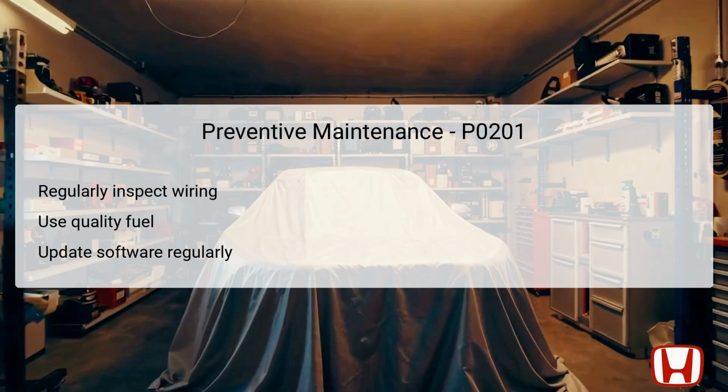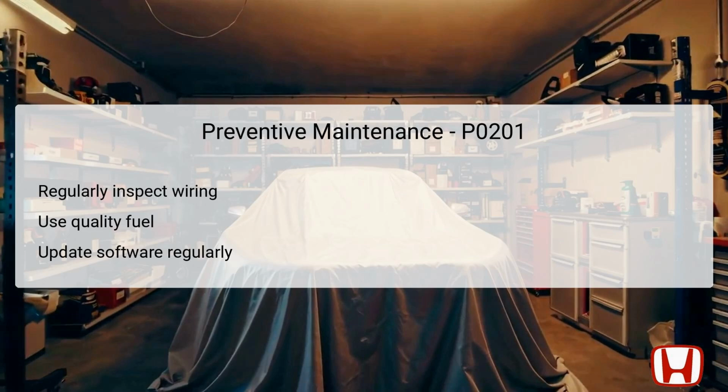Ensuring that quality fuel is used during fill-ups is also essential, as poor fuel can introduce contaminants that can harm fuel injectors over time. Additionally, maintaining up-to-date software in the vehicle's PCM can help improve performance and efficiency, while also addressing any known issues that may arise in the vehicle's operational parameters. Implementing these preventive maintenance measures can contribute to the longevity of the engine and its components, reducing the likelihood of future DTC occurrences.